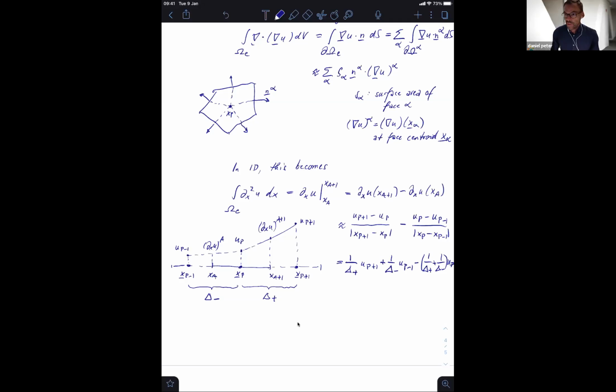So this would be our discretized scheme, basically, for the diffusion term in 1D, taking these neighboring centroids into account.